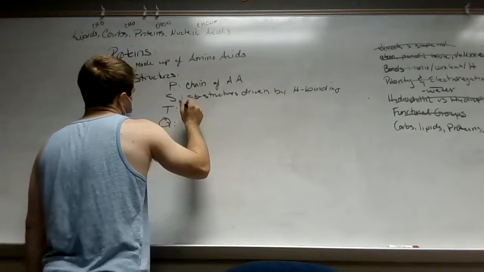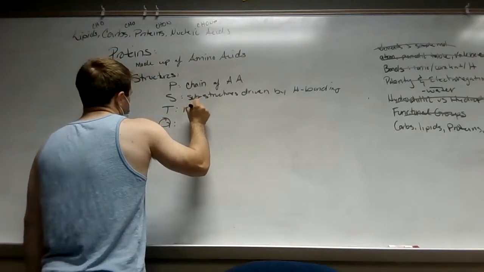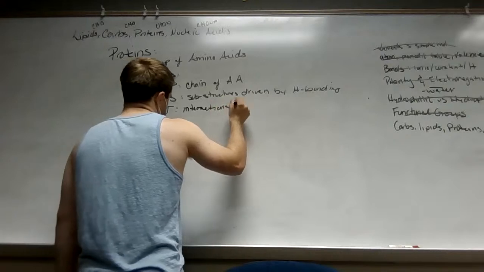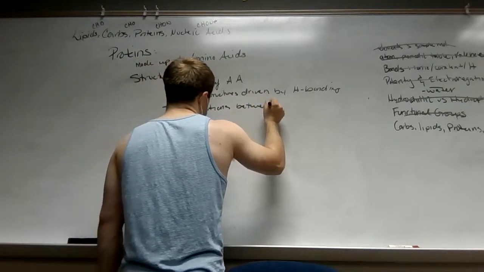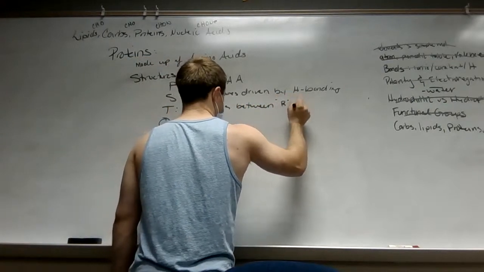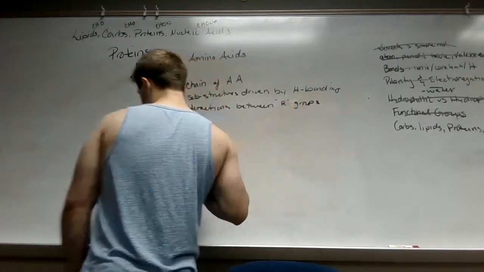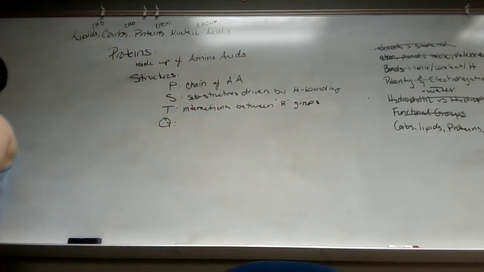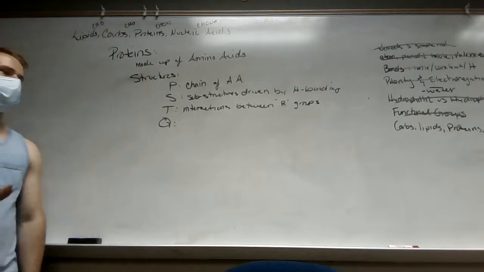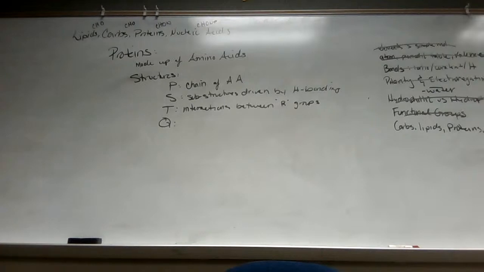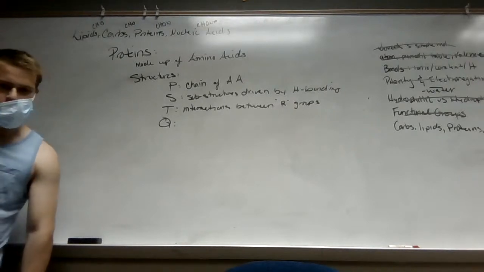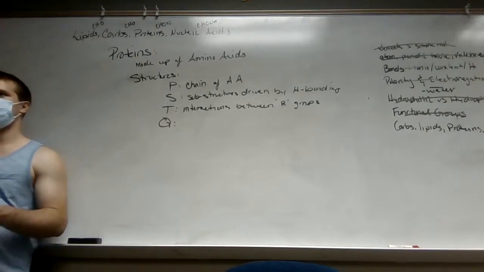Tertiary structures are driven by interactions between R groups. In a protein, each amino acid has a unique R group that it can be interacting with. Tertiary structures are the most advanced structure of a single chain of amino acids.